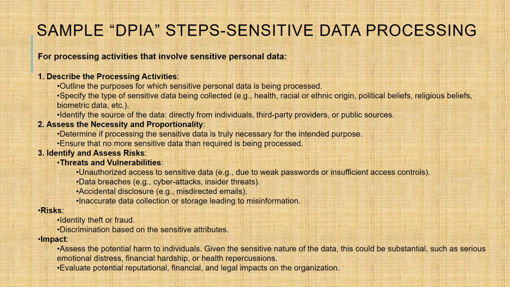Given the sensitive nature of the data, this could be substantial, such as serious emotional distress, financial hardship, or health repercussions, and evaluate the potential reputational, financial, and legal impacts on the organization. These come under step 3. Next, move on to step 4.